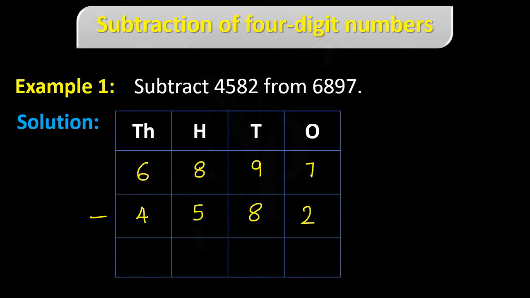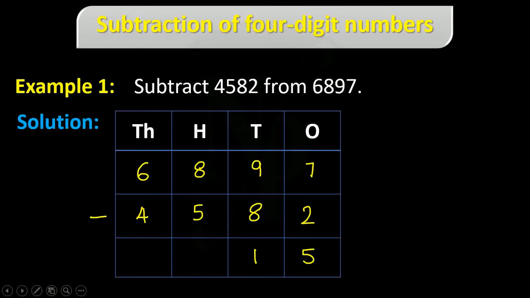Now let us subtract starting from ones column. So 7 and 2 are in ones place. Now we should subtract 2 from 7. So on subtracting 2 from 7, we will get 5 as difference. And we will move to the tens column. Here we will subtract 8 from 9. And we get 1.